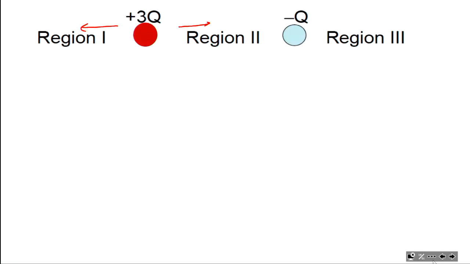Away means away. When we are to the right of the positive charge, away means to the right. When we are to the left of the positive charge, away means to the left. And when we move further away from it, the electric field decreases. That's it. These red arrows represent the electric field vectors of the electric field generated by the positive charge.